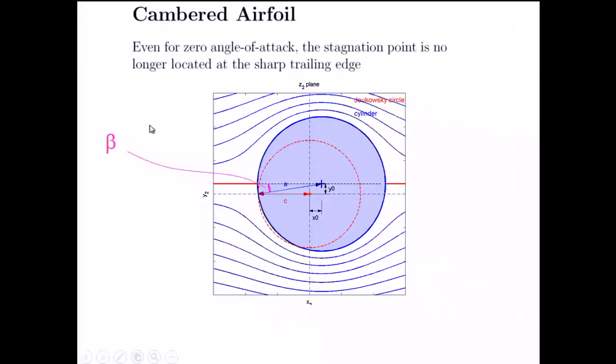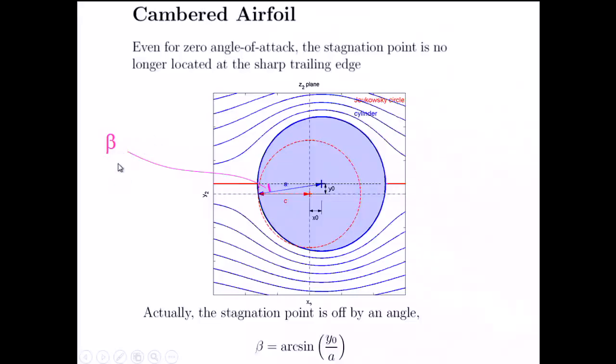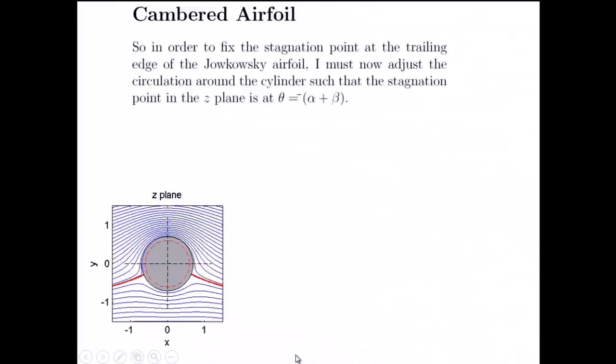So I'm going to call this angle beta. And the beta can be calculated through this relation. Again, we just have to look at this triangle, and then we can calculate beta from this equation. So what it means is that we just have to pay more attention when we want to adjust the circulation for a cambered airfoil.